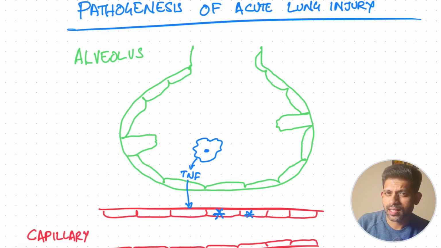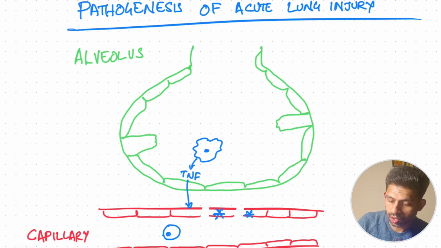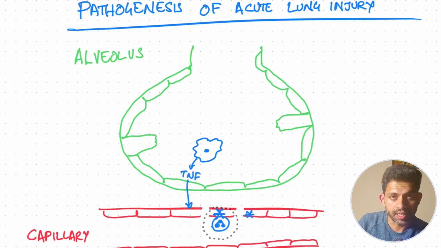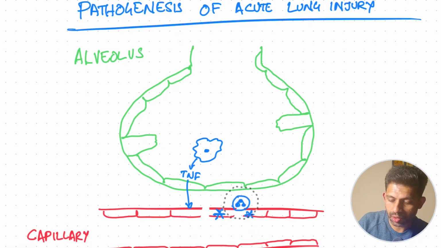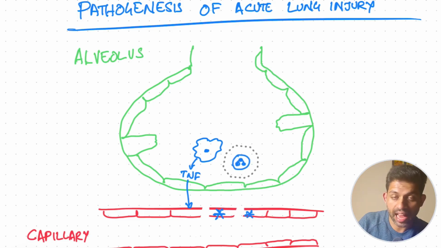Once the endothelial cells are activated, they become sticky for neutrophils. Also, these endothelial cells become very leaky. So, circulating neutrophils can come and get attached to endothelial cells. From here, these neutrophils can go through the leaky endothelium into the interstitial space, and from the interstitial space they enter the alveolus.